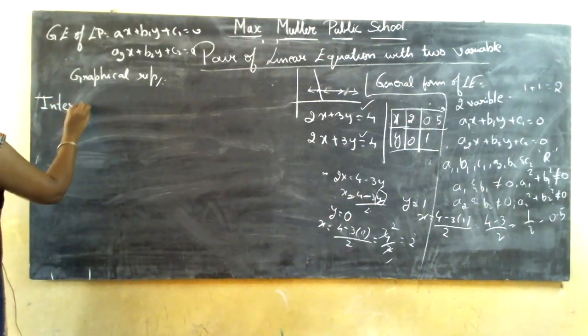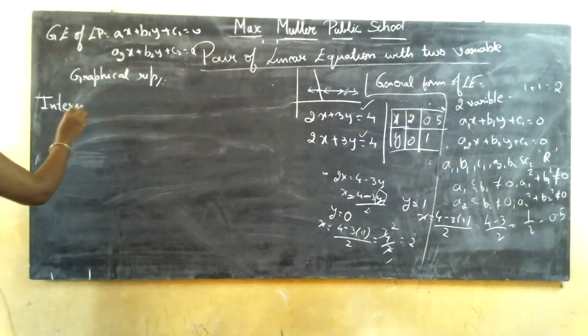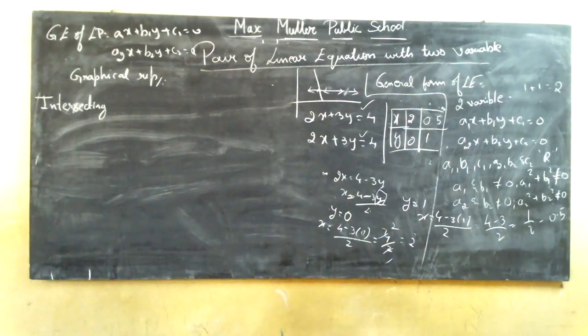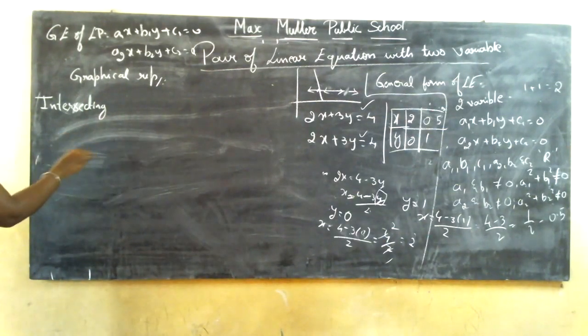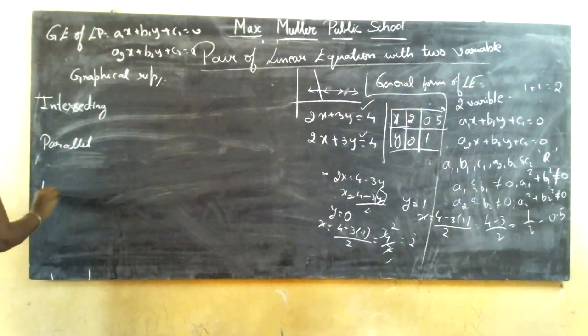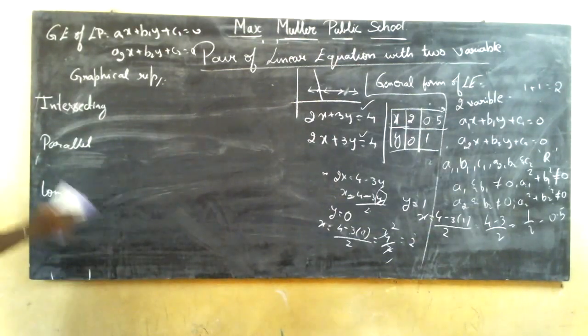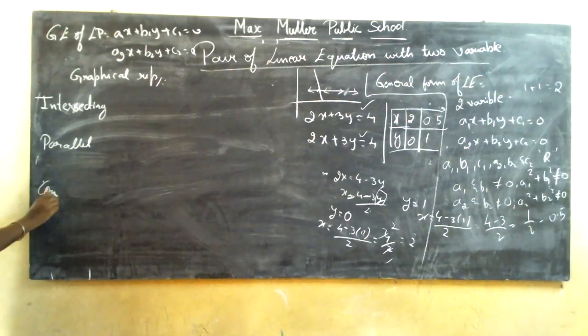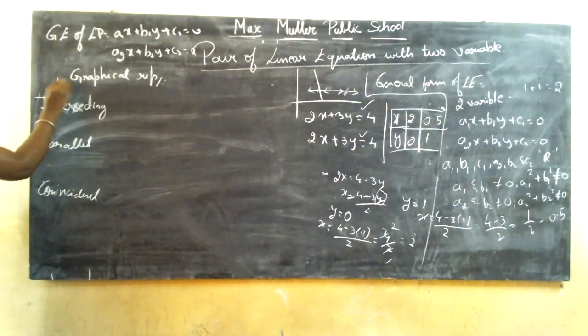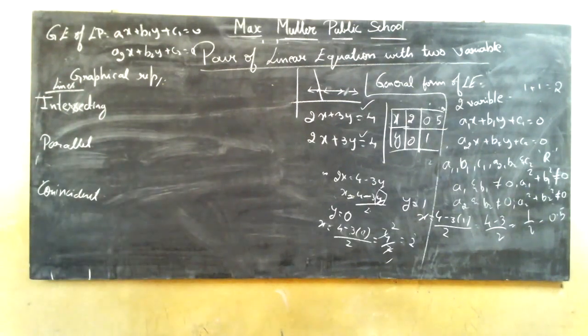Intersecting, then parallel, then coincident lines. You have three different kinds of lines: one is the intersecting lines, another one is the parallel lines, and another one is the coincident lines.